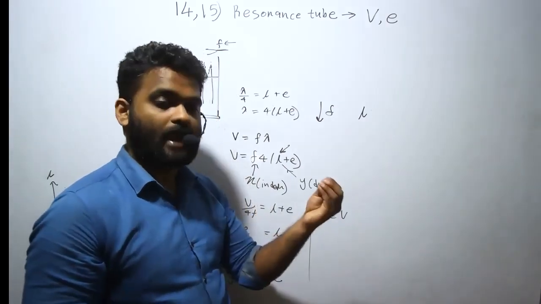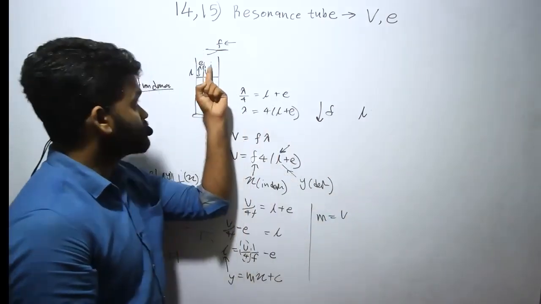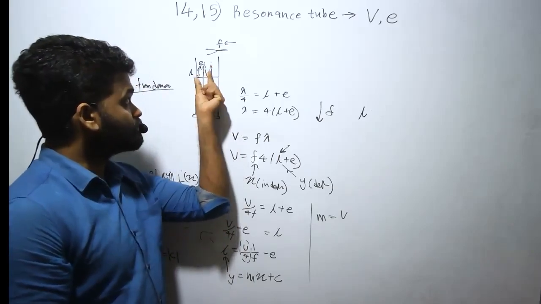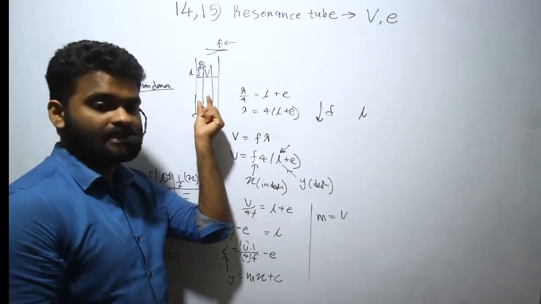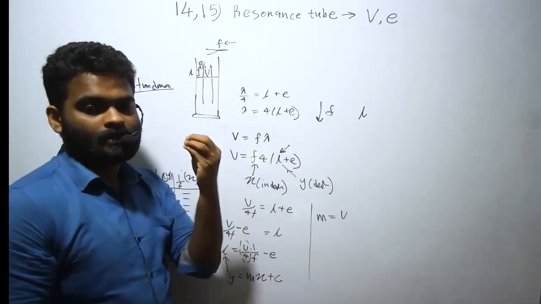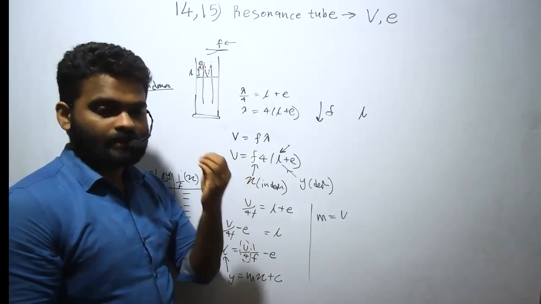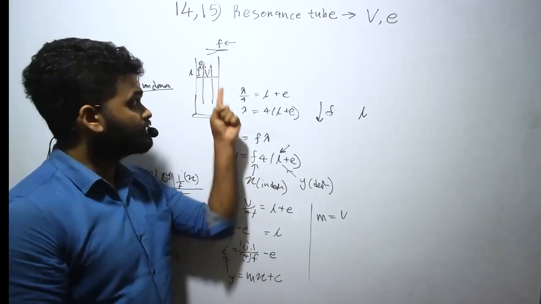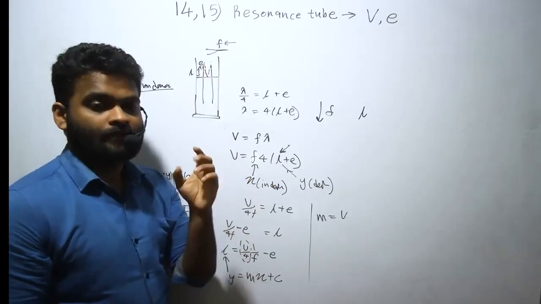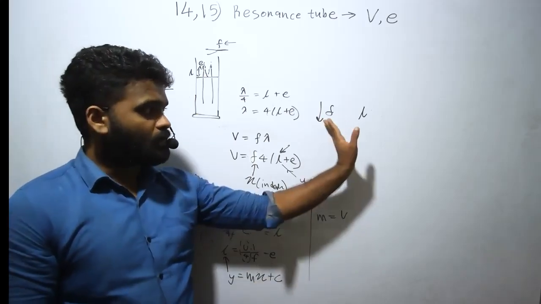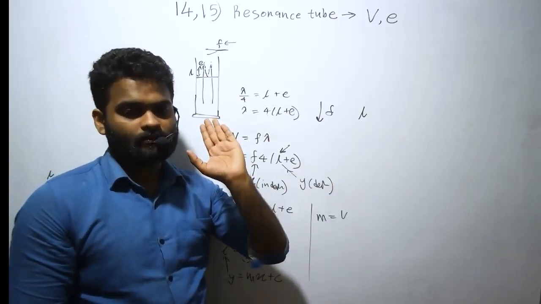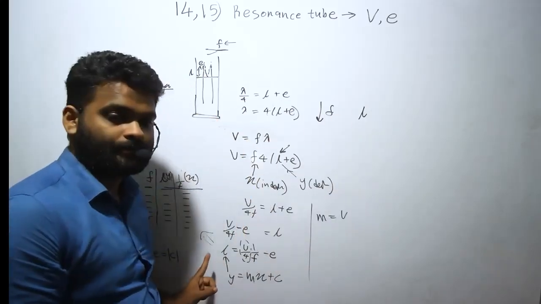So first you have to make sure that the length of the tube is enough to get the resonating length, this length, right? You don't mark these two values when you are drawing the graph.